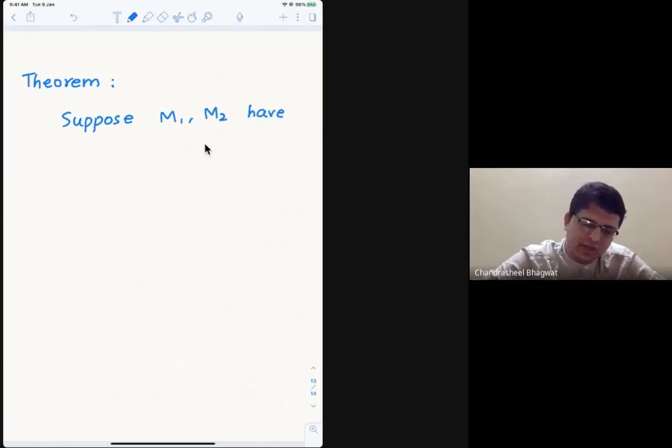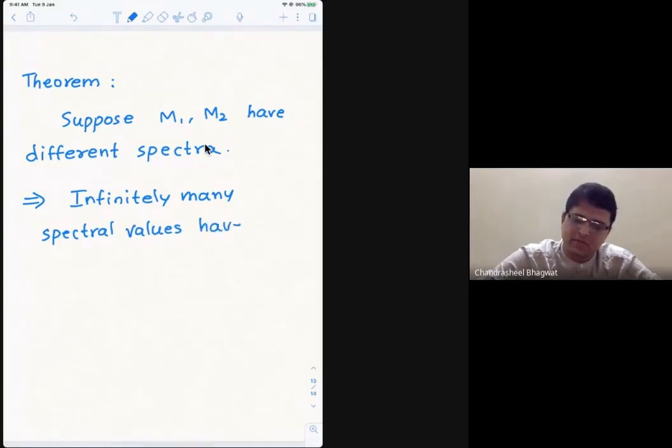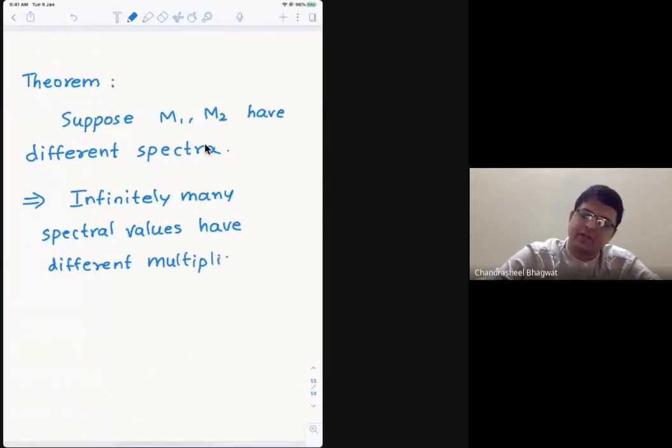Suppose M1 and M2 have different spectra. Then infinitely many eigenvalues, let me say spectral values because that's how they appear, have different multiplicities.